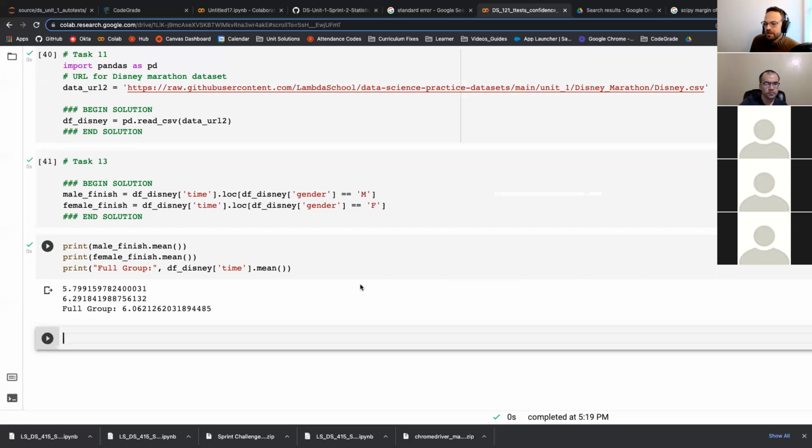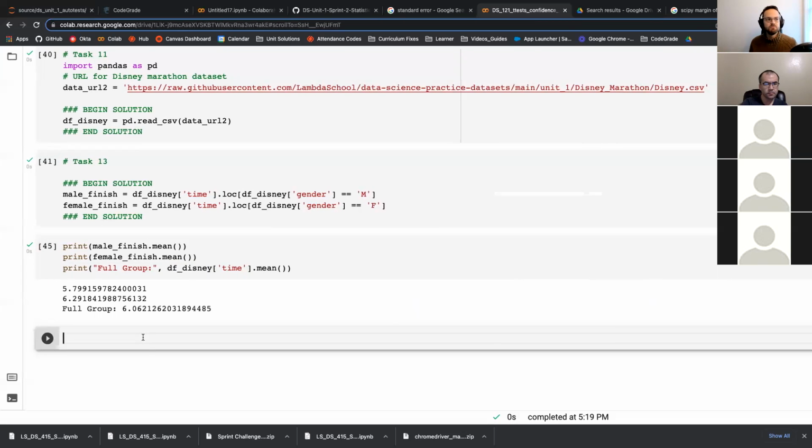Because anytime you're running a two sample independent test, you're working off the presumption, your null hypothesis, that both male and female runners are part of the same population. That ends up being your null hypothesis.